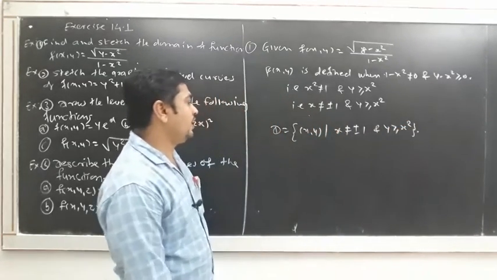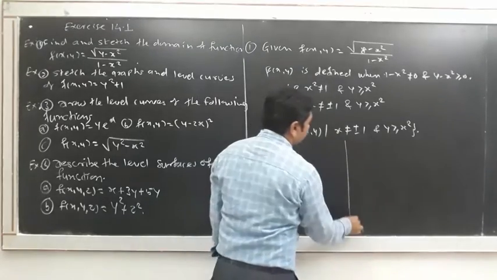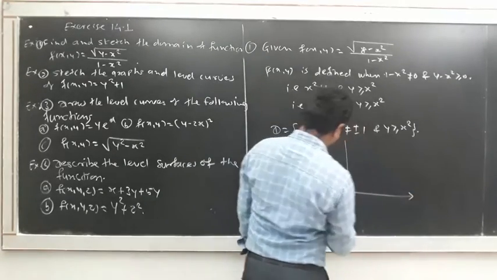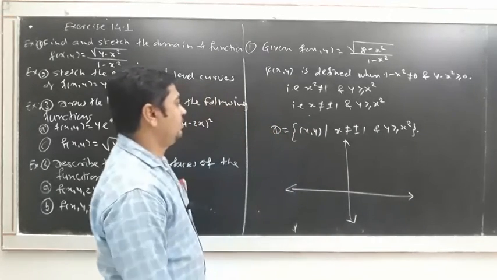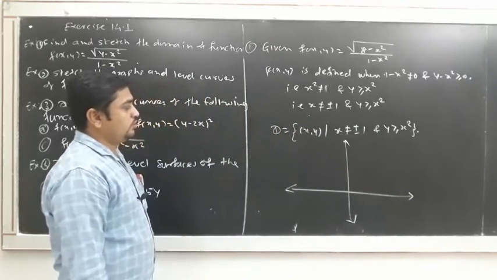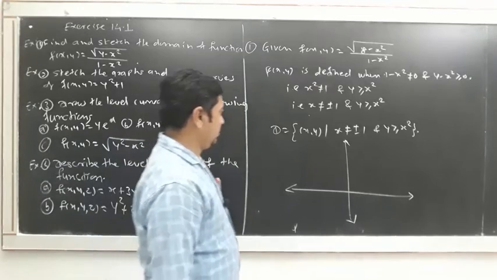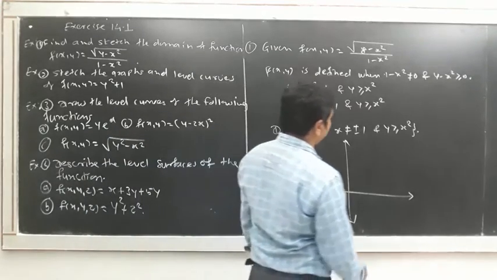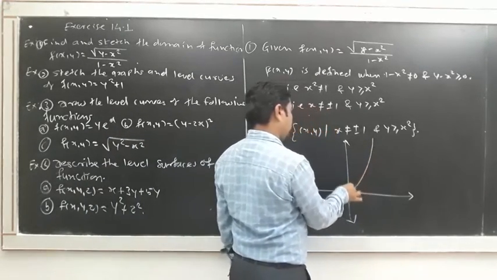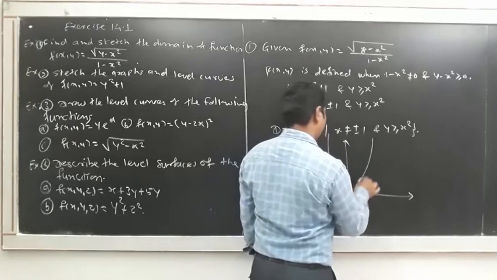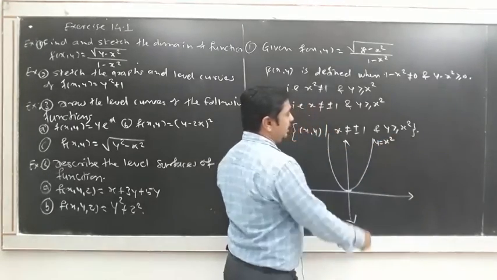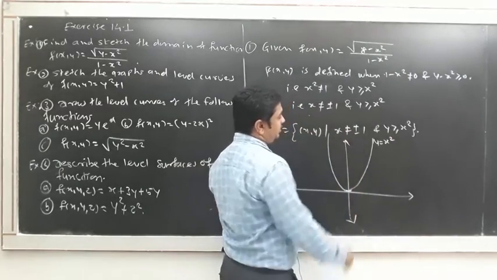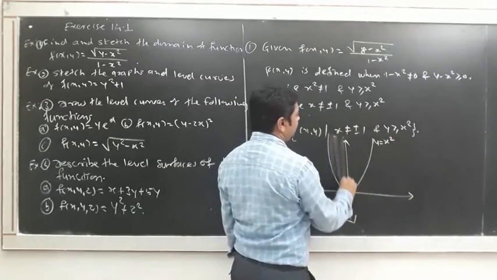Okay, so how do we draw the diagram of this domain? This is nothing but our y, this is our parabola, y is equal to x square, and it is always greater, so this region will be there.